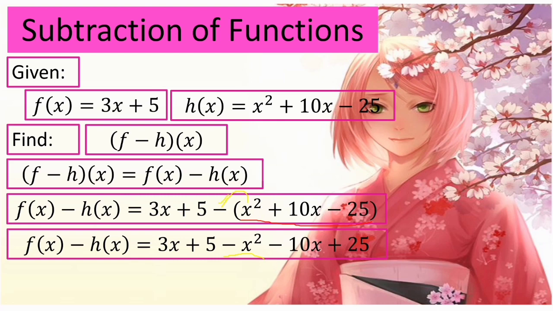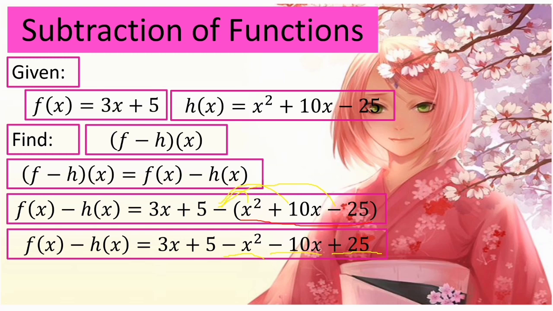Negative times positive 10x magiging negative 10x kasi nga unlike sign. Negative times negative 25 become positive 25. Basta nga like sign magiging positive pag ang operation natin ay multiplication or division.